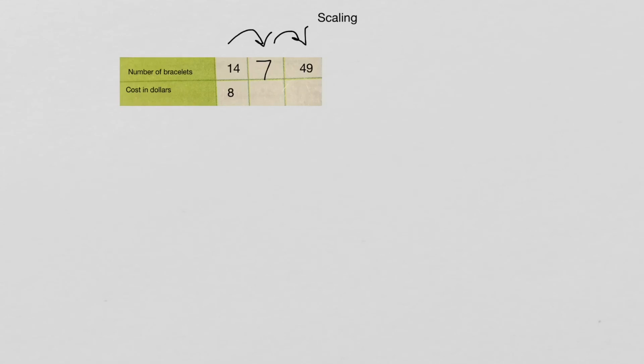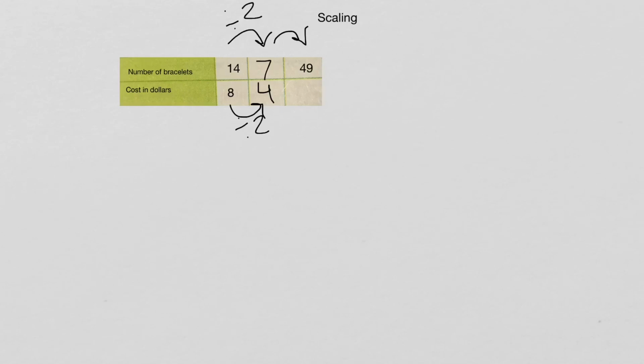Now I've got to find the relationship between 14 and 7 and 49. When I moved from 14 to 7, I divided by 2. So for my denominator, I must also divide by 2. 8 divided by 2 is 4. So 7/4 is equivalent to 14/8.